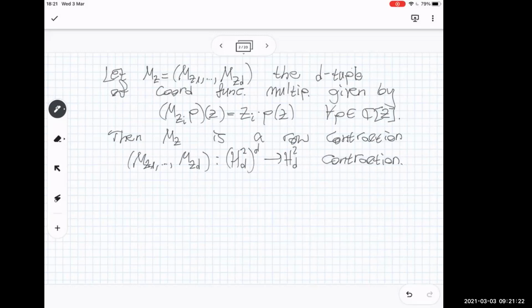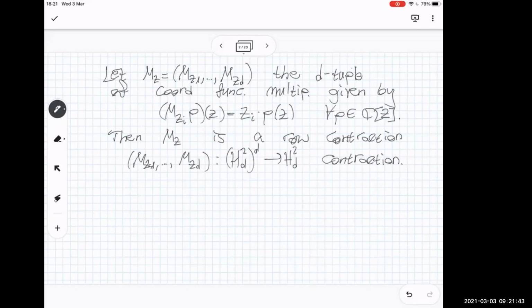Okay. So now it turns out that somehow this is the biggest row contraction. And every time you have a row contraction, there is a map that sends this particular row contraction onto your specific one, okay?